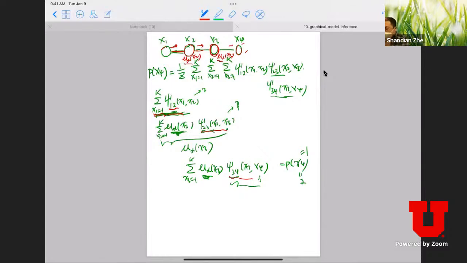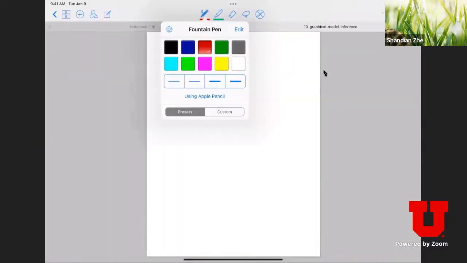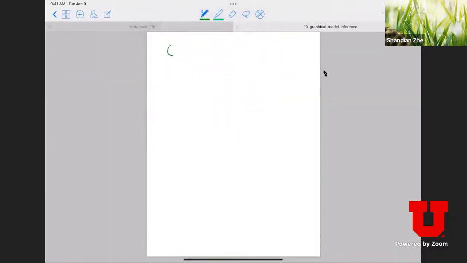Now let us look at another case. We talk about the same graphical model, still x1, x2, x3, and x4. This time I want to compute the marginal distribution of x1.